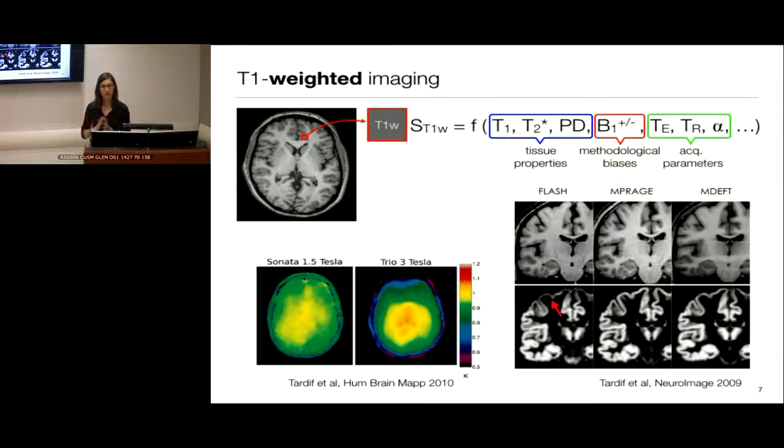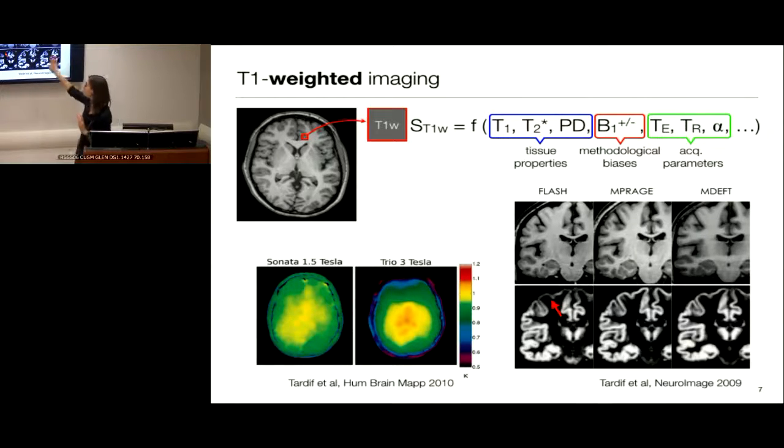The main one that we're concerned with in T1 weighted imaging is the non-uniformity of the B1 transmit field. So for example, down here, we see a B1 field at 1.5 Tesla and at 3 Tesla. And as you can see, the non-uniformity of this field just worsens as the field strength increases. And that will basically cause not only variation in the signal intensity in your image, but also in the contrast, okay, as a function of location.